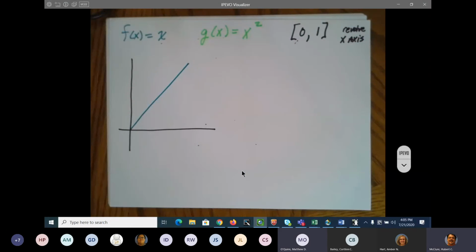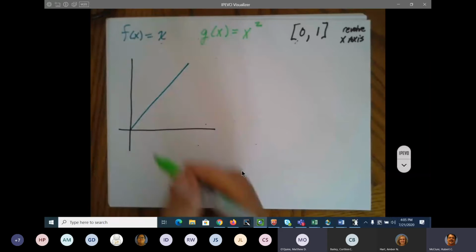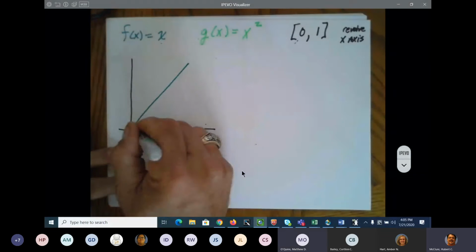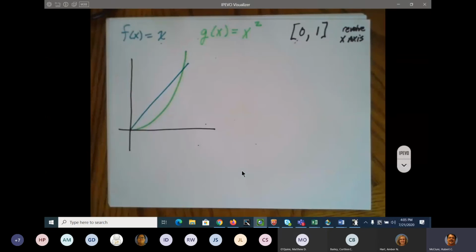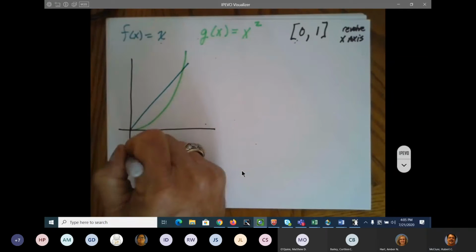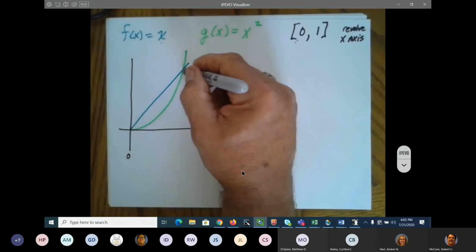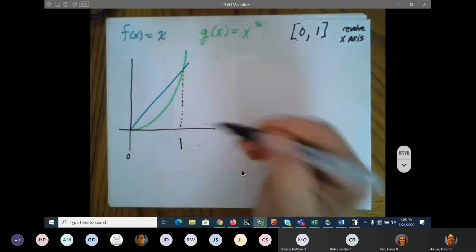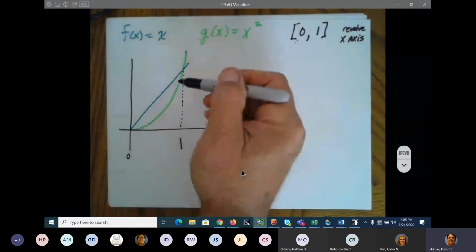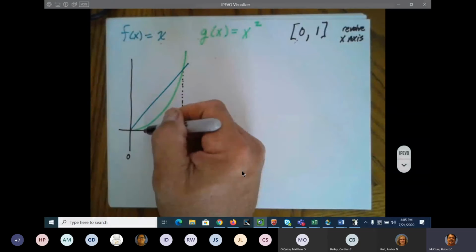And my x squared. I'm going to exaggerate a little bit. There we go. So here is my 0, and here is my 1. You see a little bit of a gap here.